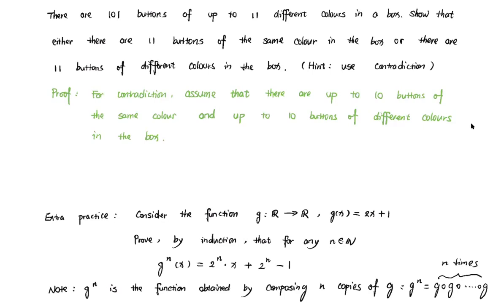Up to 11 means you could be 11. Does that make sense? But we don't want it to be 11. You want to negate a equals 11, so it's less than 11, which means less than or equal to 10. Is this using contrapositive as well? No, this is contradiction.